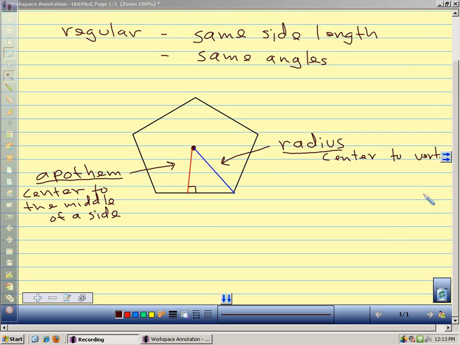So let's write our formula. We need one other piece of information for our formula. Our area equals 1/2 the apothem times the perimeter.